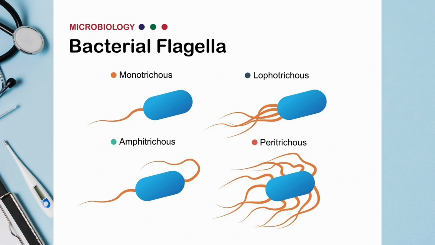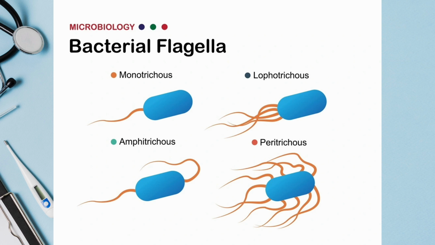And according to the position of the flagellum, we have different types of bacteria. We have monotrichus, is with one flagellum. We have amphitrichus, is bacteria with flagellum on two poles.